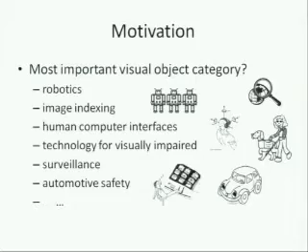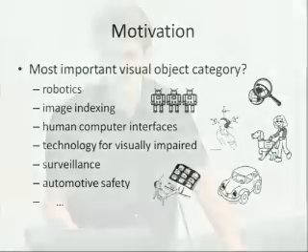So first of all, let me say, why am I studying pedestrian detection? Why am I interested in this problem? Well, as many of you know here, it just has a large number of really compelling applications. Robotics, image indexing, HCI, technology for visually impaired, surveillance, automotive safety. And actually that last one is the one that motivated us to work on this in the first place.